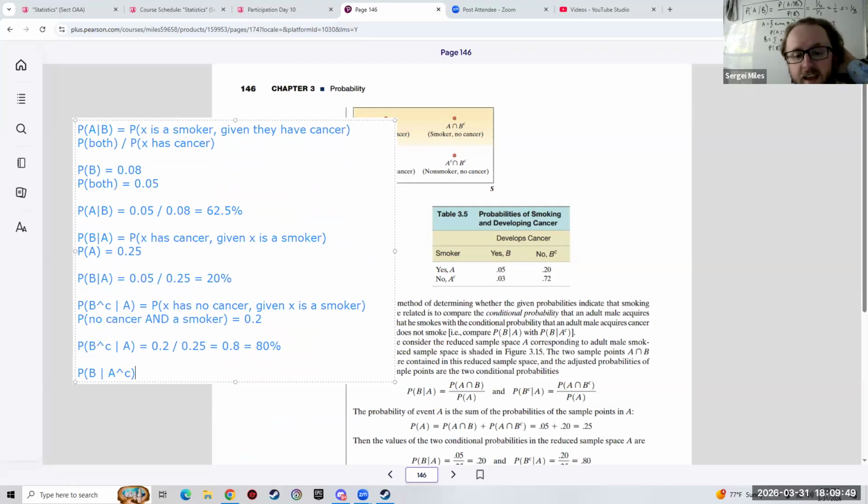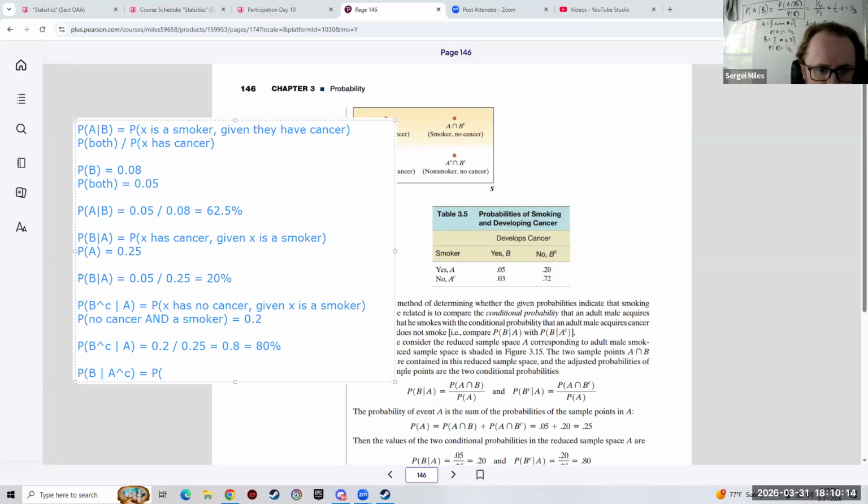What we're trying to see is whether not being a smoker changes the chances of me having cancer. We did this earlier: the probability of someone having cancer given that they are a smoker was 20%. Well, what's the probability of developing cancer given I'm not a smoker?